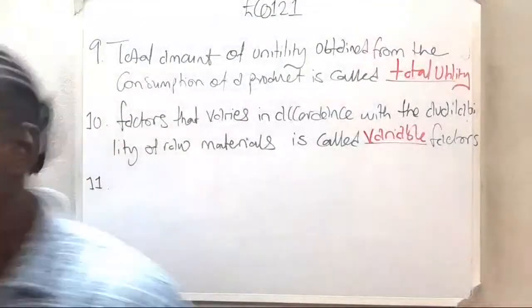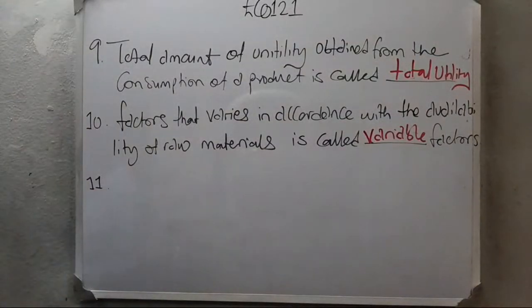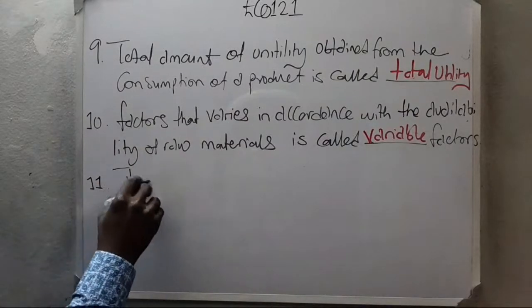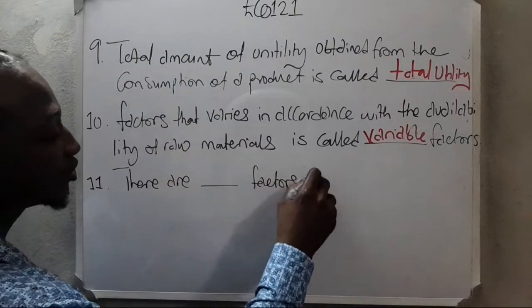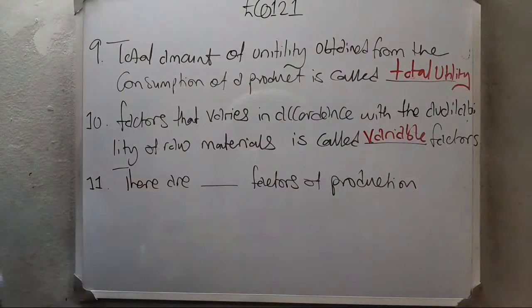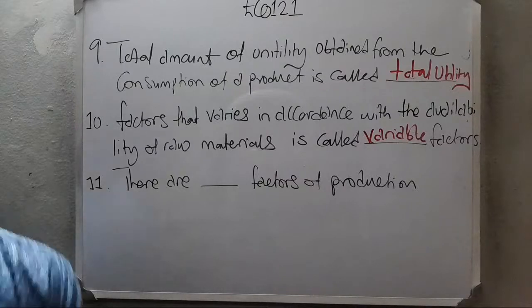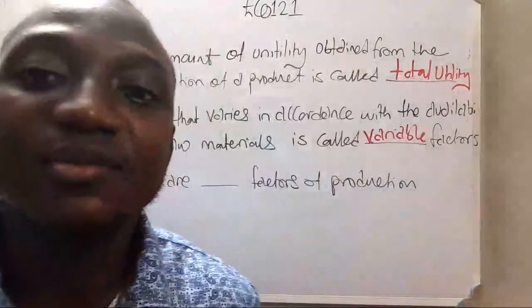There are dash factors of production. Somebody said 3. Mr. Daniel, can you please list them?